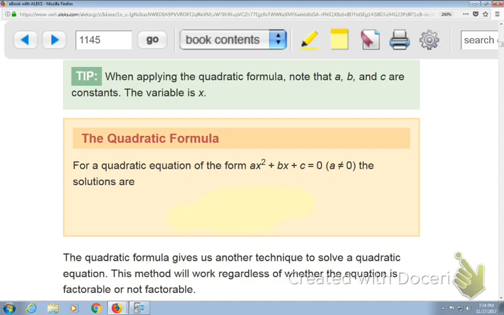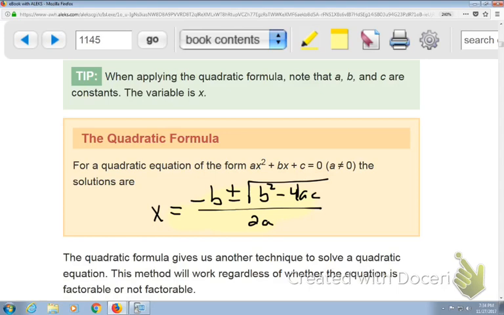All right. So we can write it x equals negative b plus or minus square root b squared minus 4ac, and it's all over 2a. That's a common denominator, so that fraction bar goes all the way.